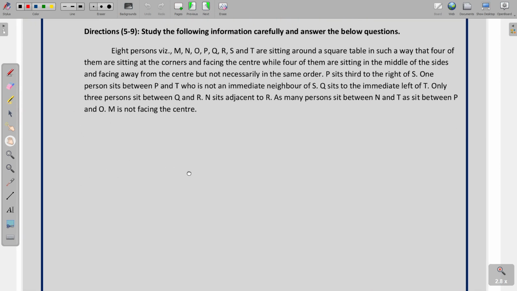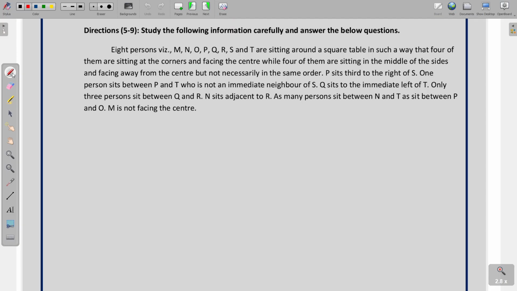Here we have one more puzzle, directions 5 to 9. Eight persons M, N, O, P, Q, R, S, T are sitting around a table such that 4 of them are sitting in the corners and facing the center. So here we have a rectangular table. Those who are sitting in the corners are facing the center.